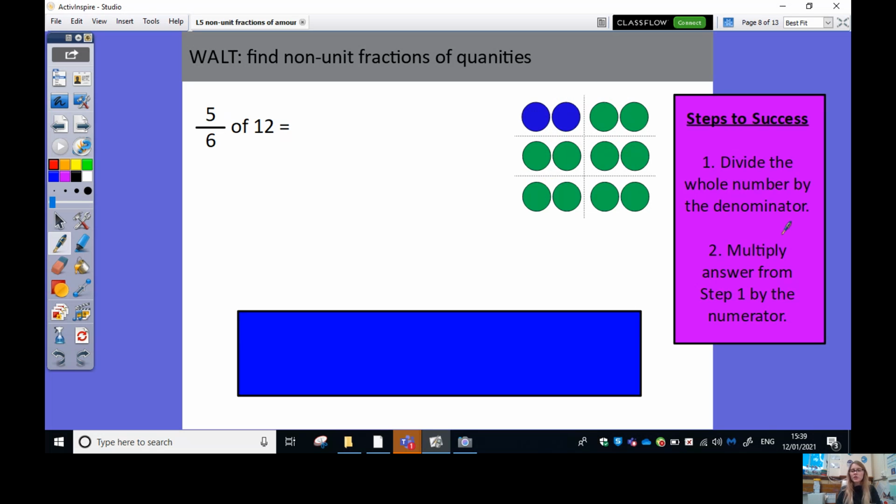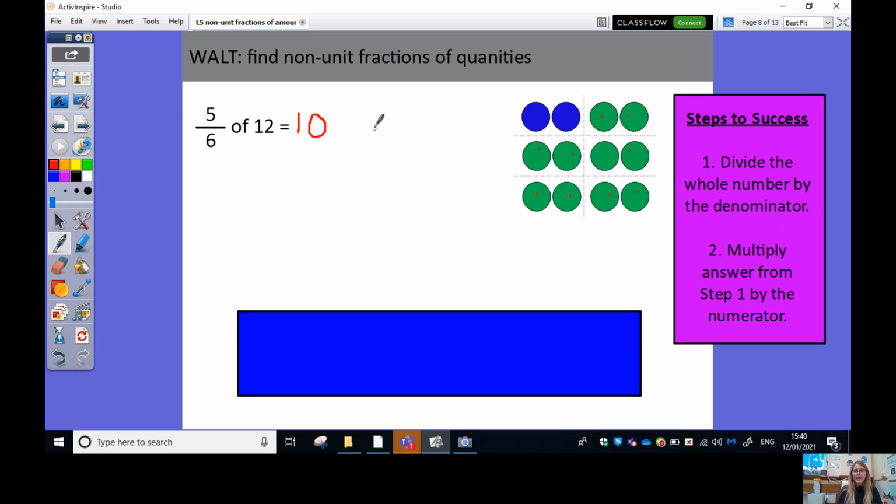Okay. Now number 2 was to multiply the answer, which was 2, by 5. Okay. So 5 groups of 2. 1, 2, 3, 4, 5. And that was 10. And as you can see, there are 1, 2, 3, 4, 5, 6, 7, 8, 9, 10 counters. So 10 counters are green.